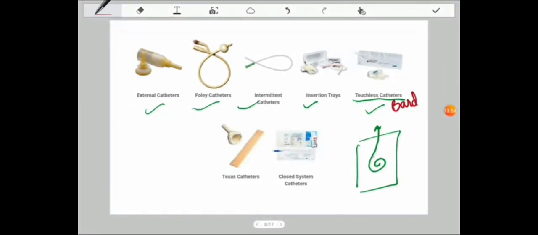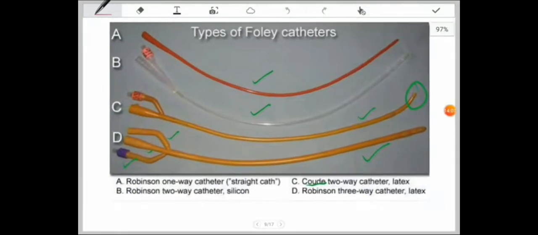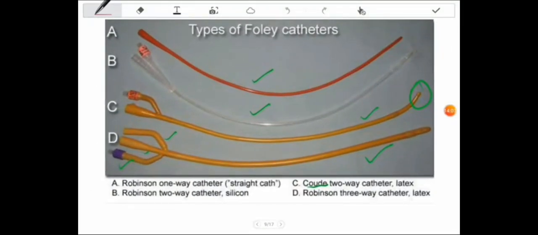Okay, so now what I could also find is that some categories of Foley's catheter were also available, so let's get into them. Yeah, so these are the types of Foley's catheters. So the first one is the Robinson one-way catheter. It is a straight catheter, so it is one way.